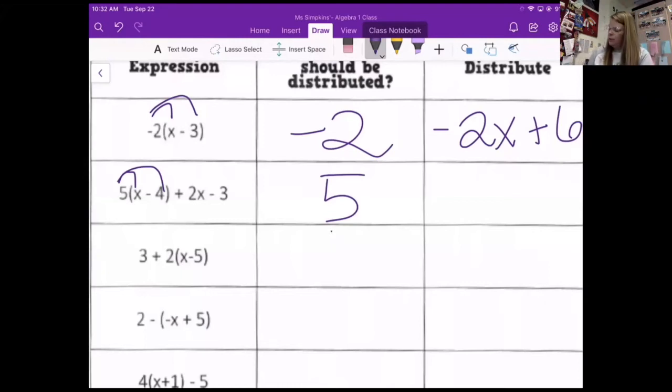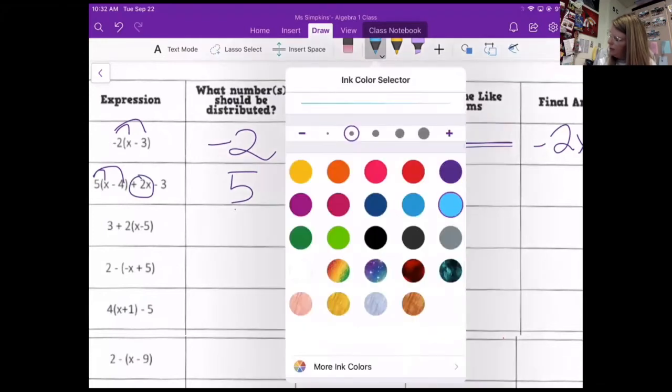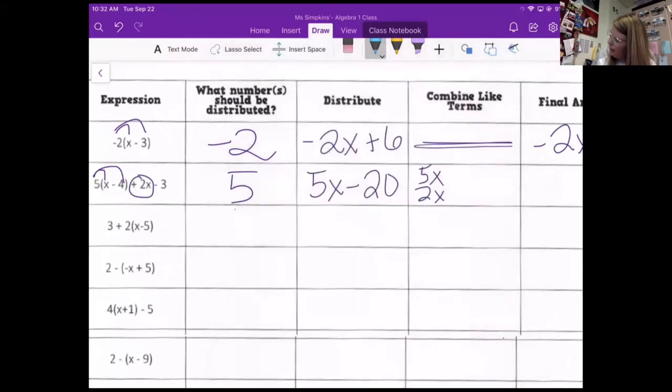Okay, so when we distribute, we have 5x. 5 times -4 would give us -20. And we do end up having some like terms here. We have 5x, and if we go back and look at the original problem, we also have 2x there. And then our constants were -20, and if we go back over here in our original, we also have -3.